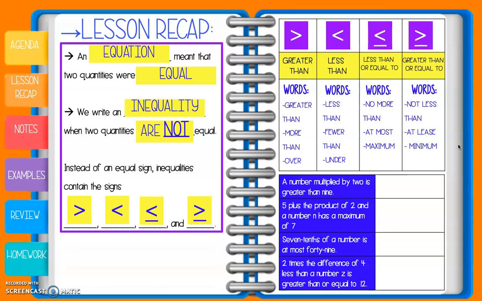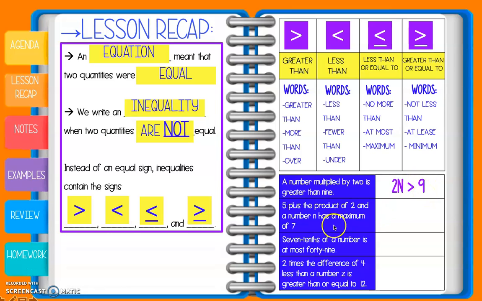Okay. All right. So let's take a look at some translating here. It says a number multiplied by 2 is greater than 9. Okay. So we know how to write a number multiplied by 2. That's 2n. We did that in our last 2 units. But instead of an equal sign, it says is greater than 9. So we're going to put in our greater than symbol, 9.